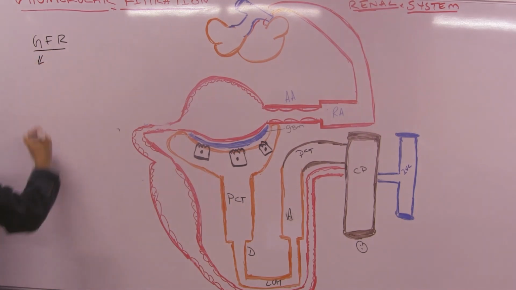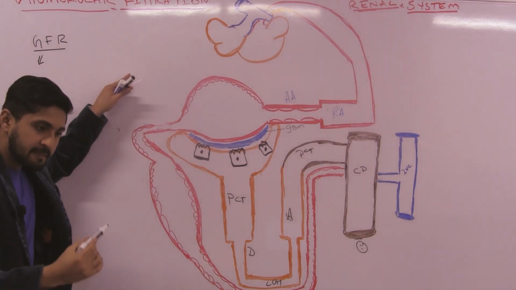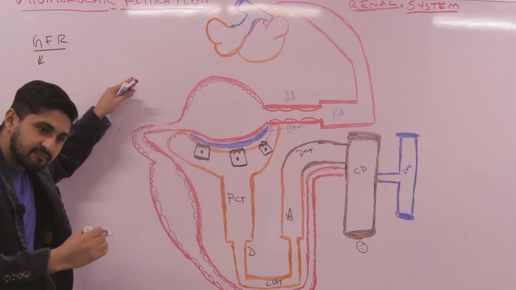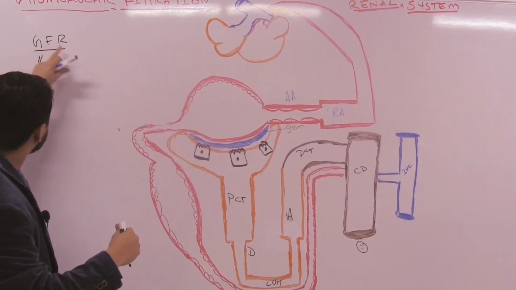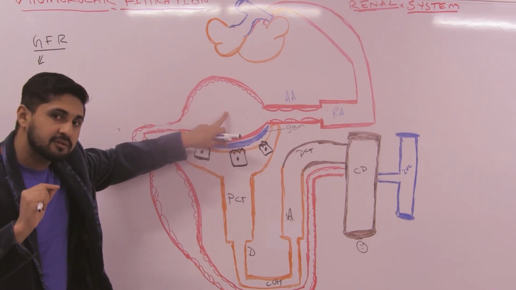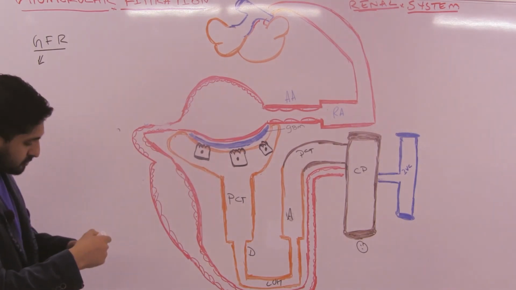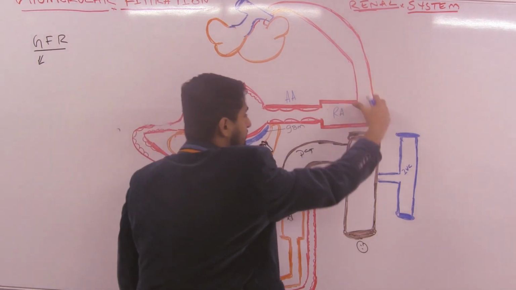And what this means is the amount of plasma that gets filtered out from the glomerulus per unit time, because whenever we talk about a rate, we are talking about time, okay? So that's what it means. But before we go and talk about this, let's talk about this thing. Okay, what is coming from here?